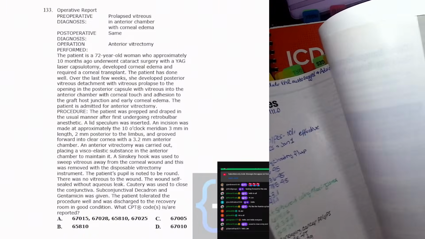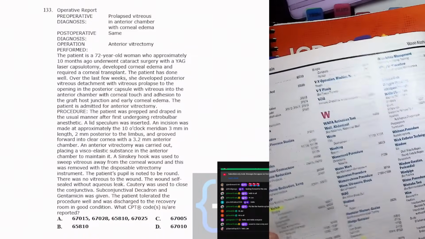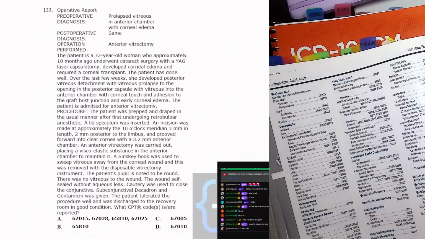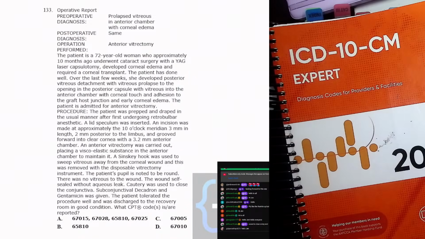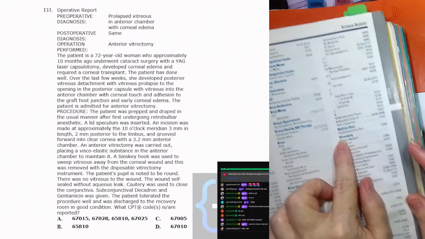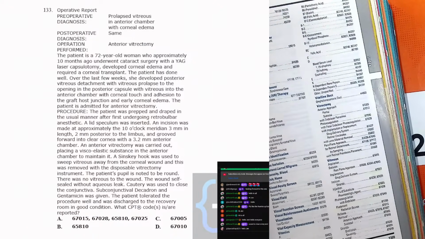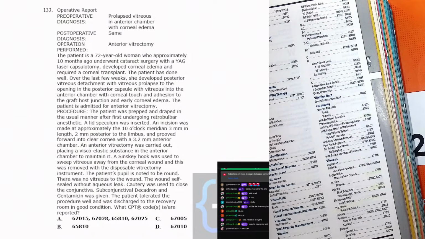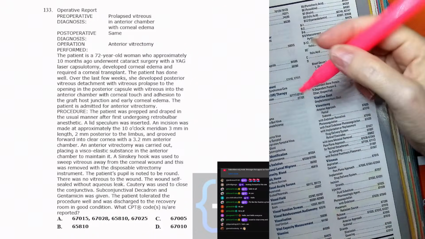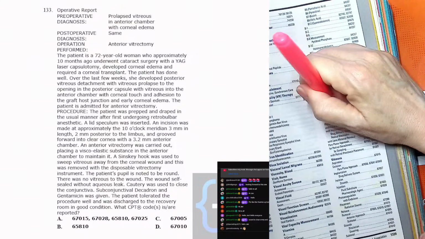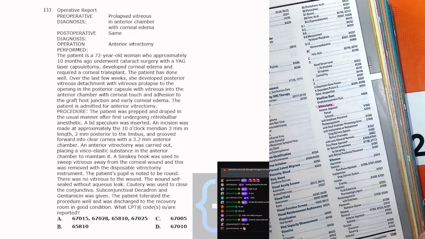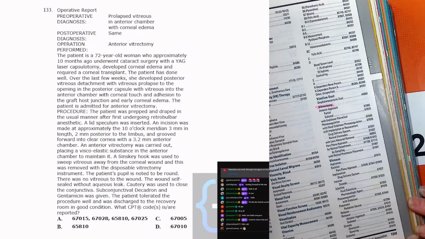And if we go to the name of our surgery, which is VITR, and we go right here, I'm in the AMA 2026 CPT book. I'm on page 1339. Third column over. Where were we?